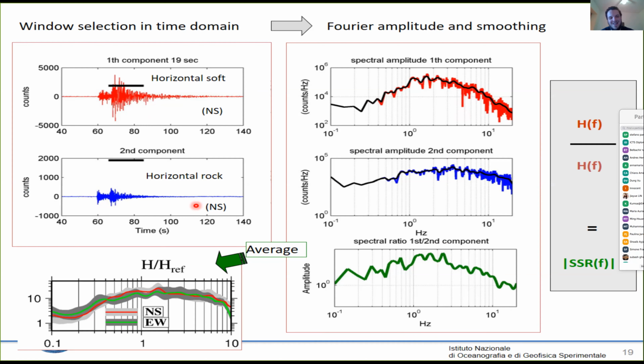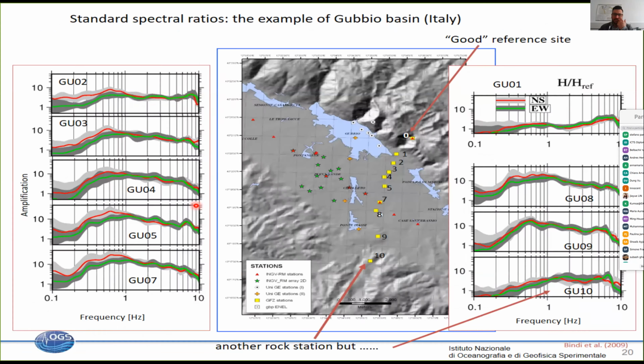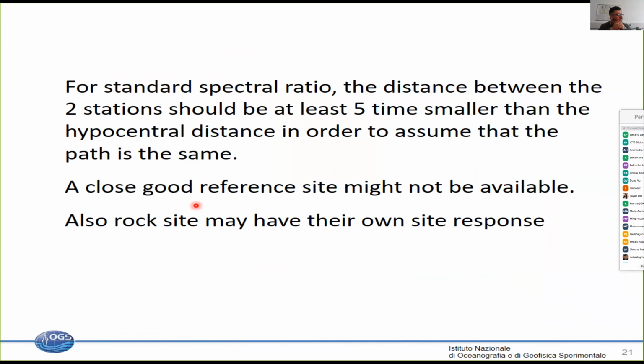Okay, so there are two important things that we learn from here. First, for the method to be valid, we have to assume that the source is seen in the same way and that the path is long enough with respect to the interstation distance.